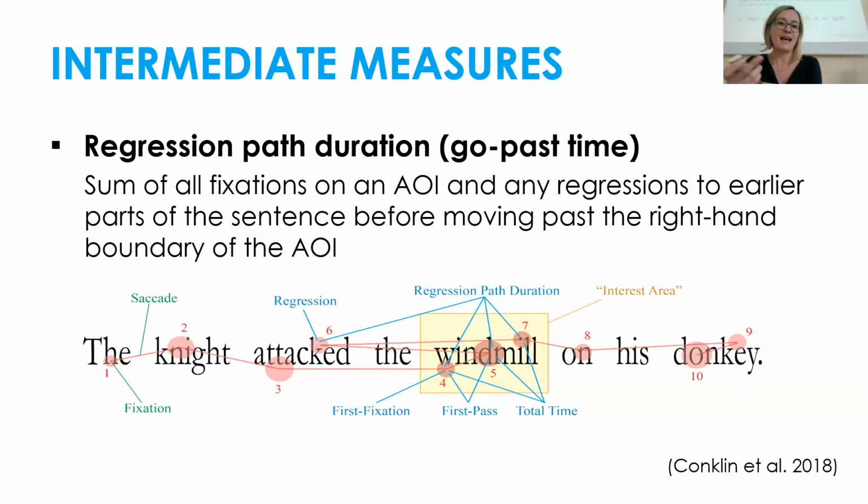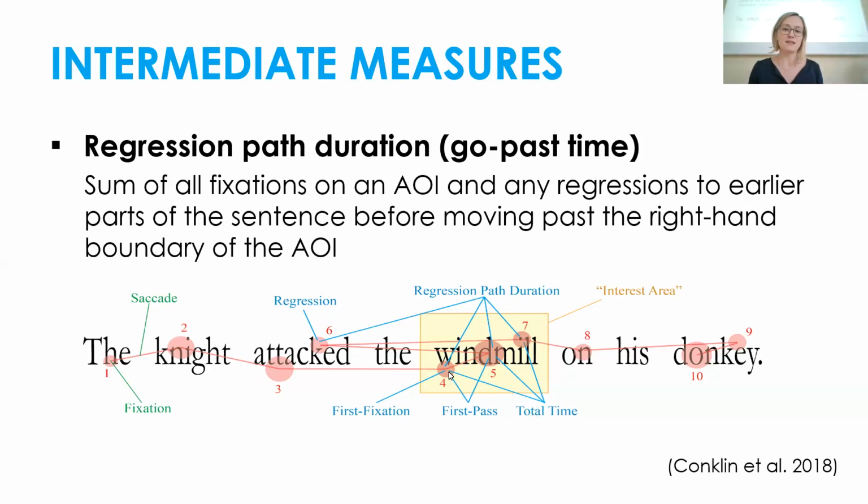Yes, and the measure that we haven't yet used, but we are very excited to start using is what some people call intermediate. So it's not a very early measure, it's not a late measure either, it's a sort of in-between measure, is the measure that is called go pass time or regression path duration, which would include the sum of all the fixations on an area of interest. So here the windmill example.